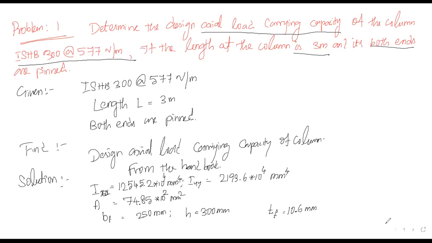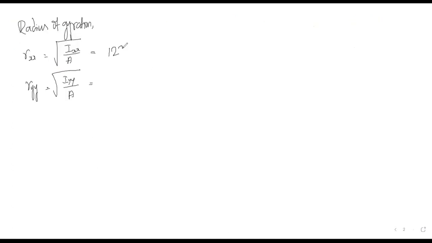Root under Ixx, 12545.2 into 10 to the power 4, divided by the area 74.85 into 10 to the power 2, so 129.46.